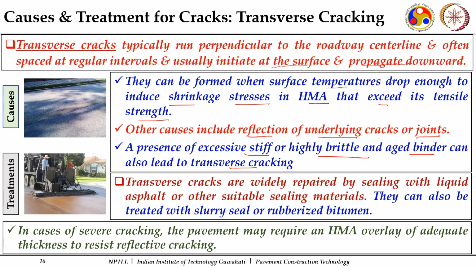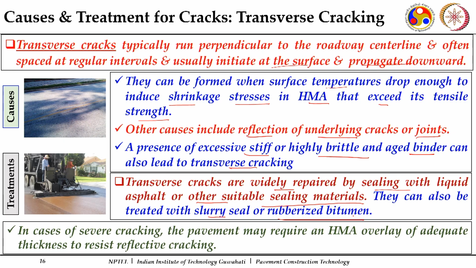Now, transverse cracks are widely repaired by sealing with liquid asphalts or other suitable materials. We can go for application of some fog seal or any other liquid regenerating agents, or rubberized binders can be filled in these particular joints. They can also be treated with slurry seal or rubberized bitumen.